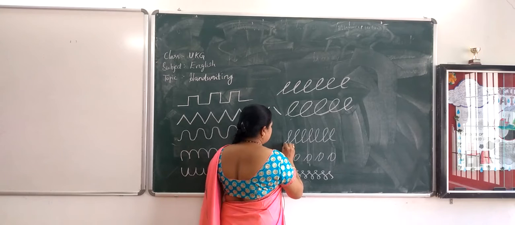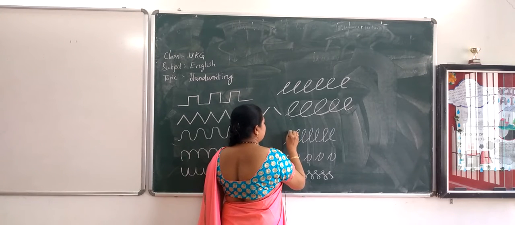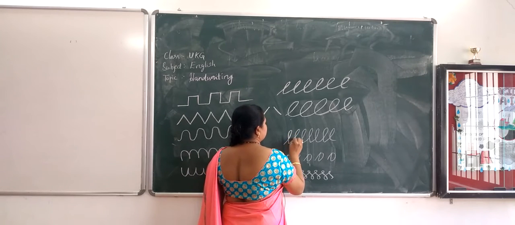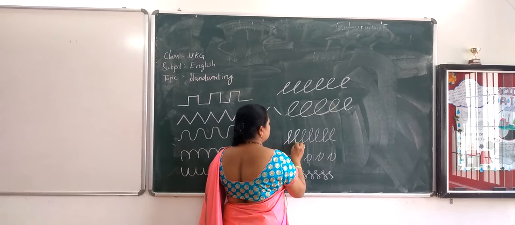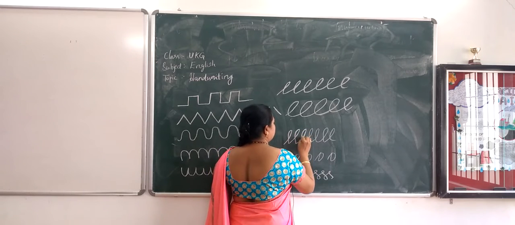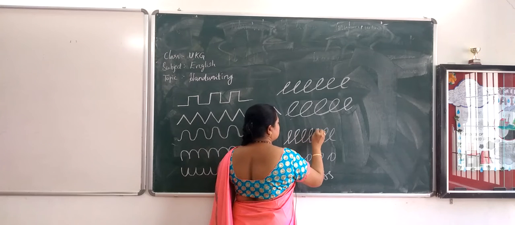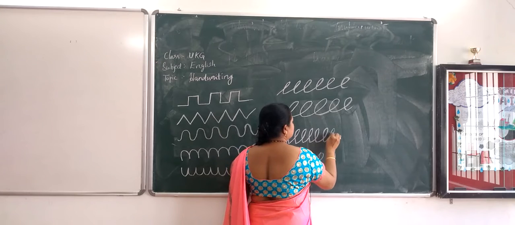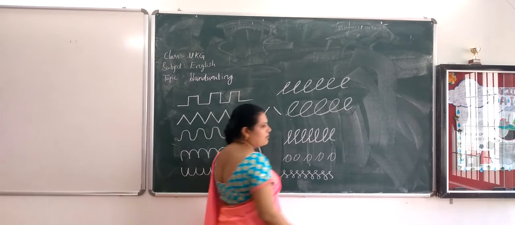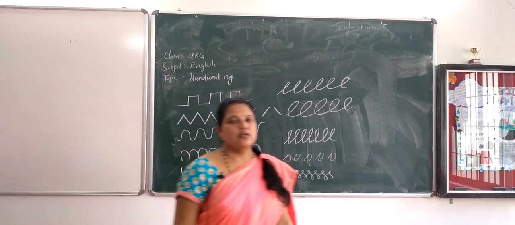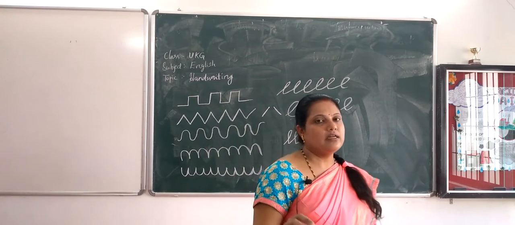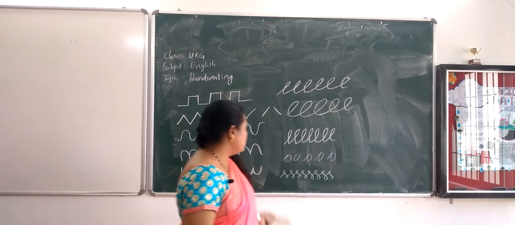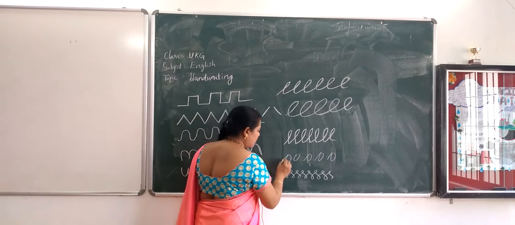See another one, it's quite straight here. This is also a loop formation. Can you practice like this? Good. I want you to practice this in your copybook or in these handwriting books. See the another one.